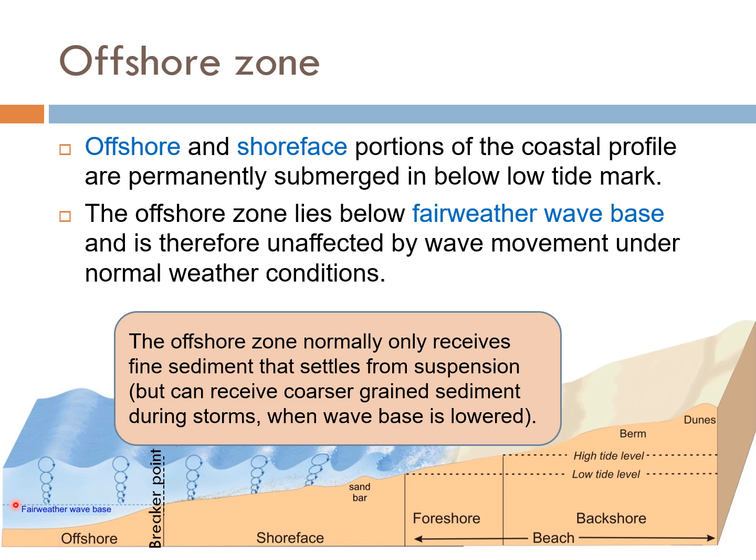There is an imaginary line here known as the fair weather wave base, below which the water column is unaffected by wave motion under normal weather conditions. And since the orbital motion does not interact with the seabed, there is no littoral processes in the offshore region. The littoral processes only begin at the breaker point here, onwards up to the dune.